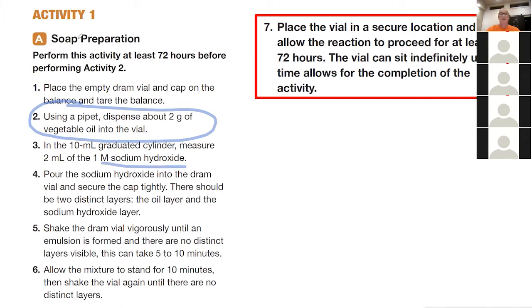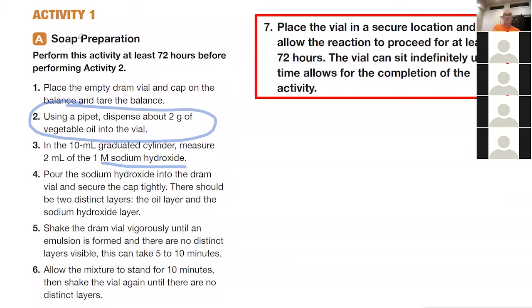Be really careful with that stuff. Put it in the container and make sure you tighten the cap. You don't want it loose and sodium hydroxide going everywhere. Then shake, shake, shake, and form an emulsion.